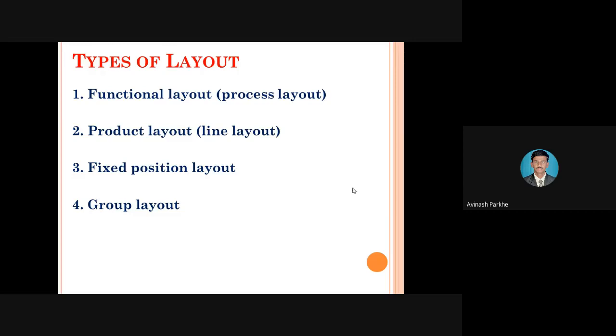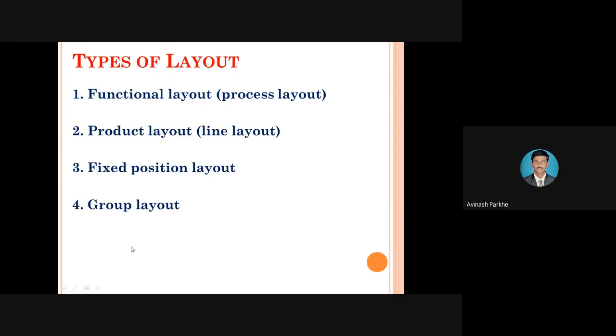So what is the first type of layout? It is called a functional layout. The functional layout is also called a process layout. Then the second layout is called a product layout, which is also called a line layout. Then the third layout is called a fixed position layout, and the fourth is called a group layout, which is also called cellular technology.